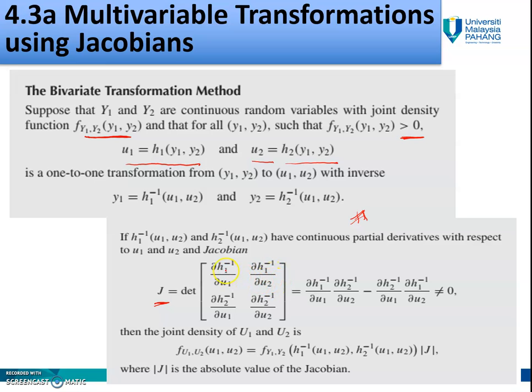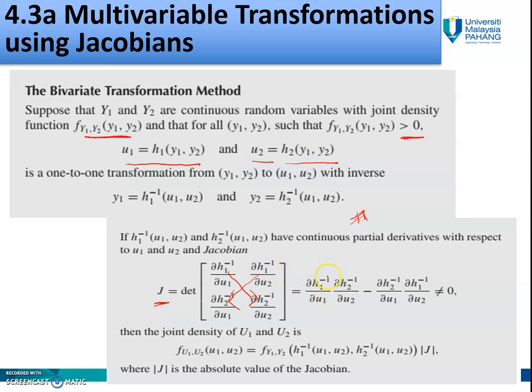Below, in the second row, you partially differentiate h2 with respect to u1, and then the second inverse with respect to u2.